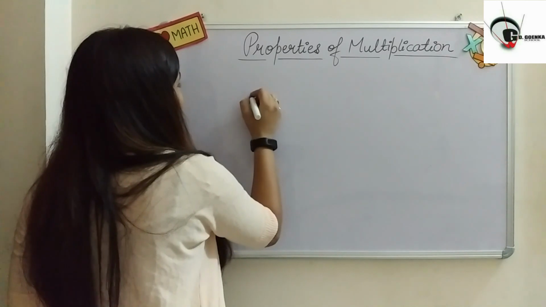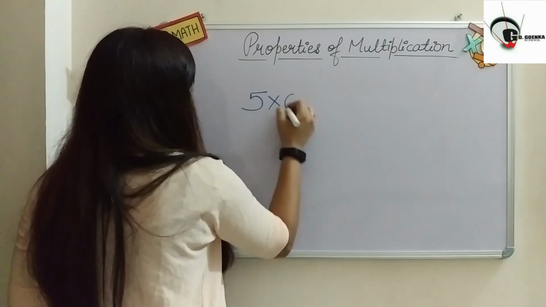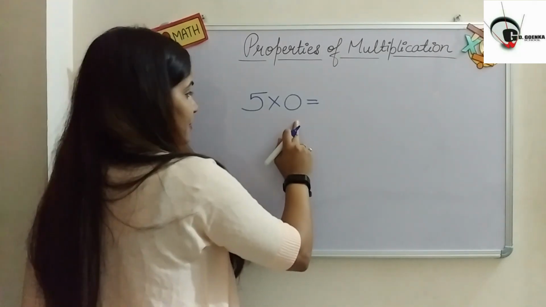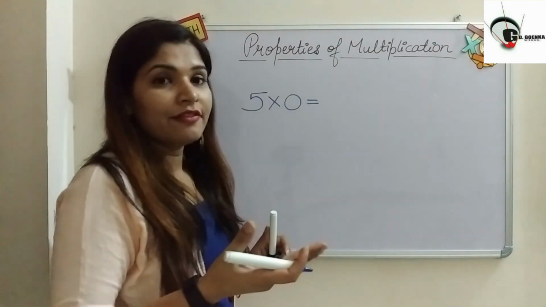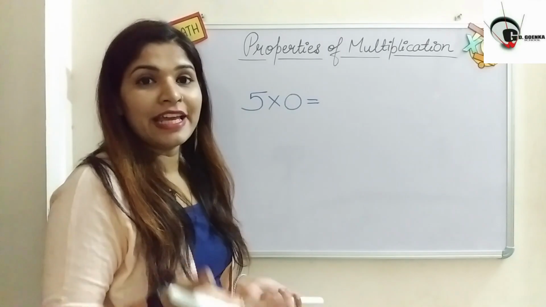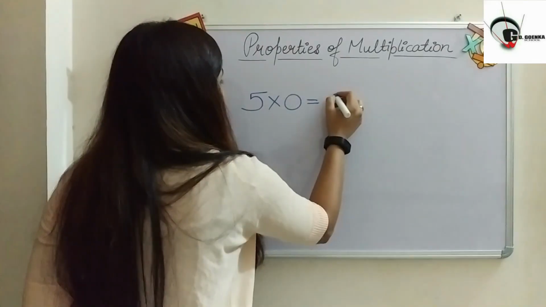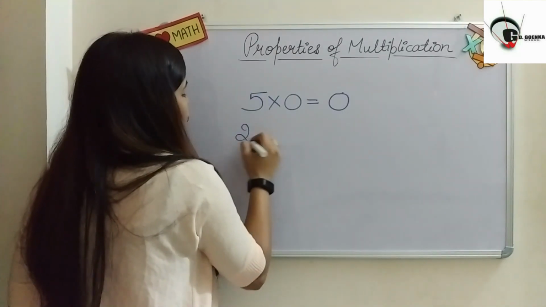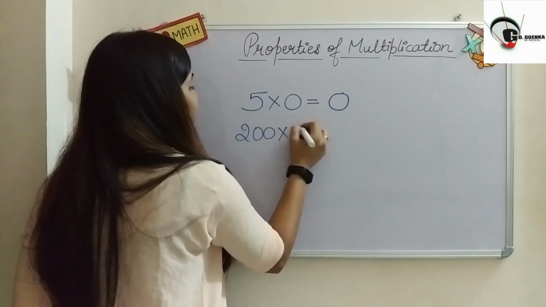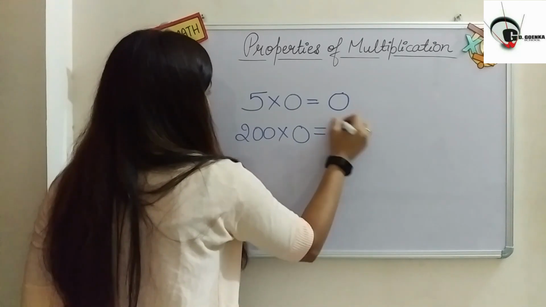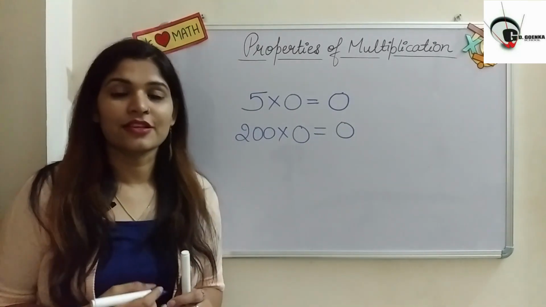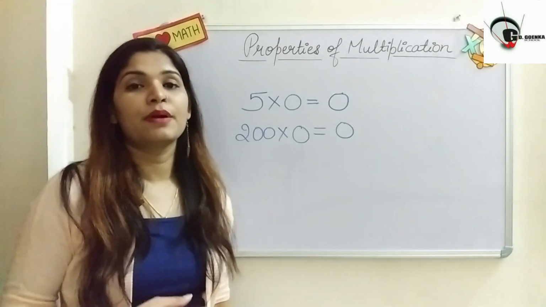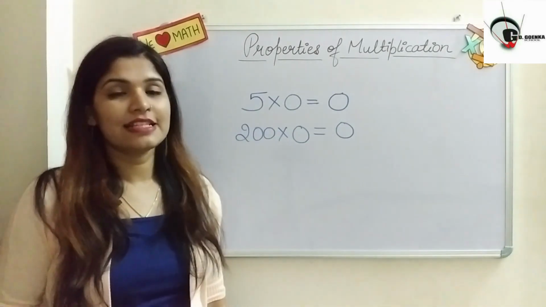If I have 5, 0 times, this means we have 5 zero times, we don't have it any time, so that is equal to 0. Or we have 200, but 0 times, so again we will get the answer as 0. This shows that when we multiply any number by 0, we will get the answer as 0.